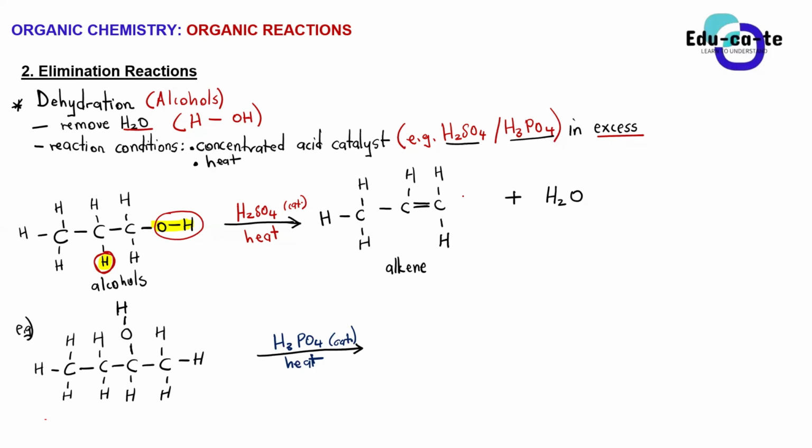Write the structural formula for the major product, and after that write the structural formula for the minor product. We'll come back after 10 minutes, and you will give me those products.